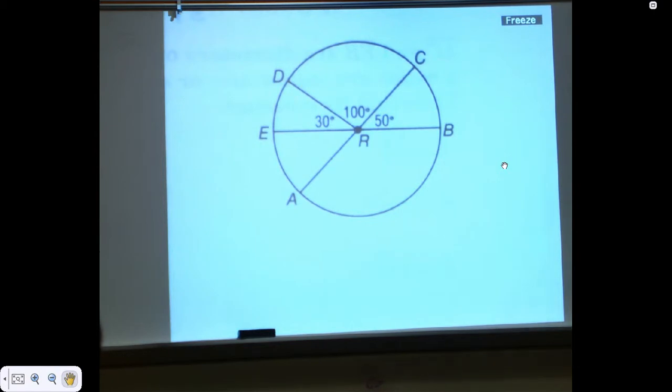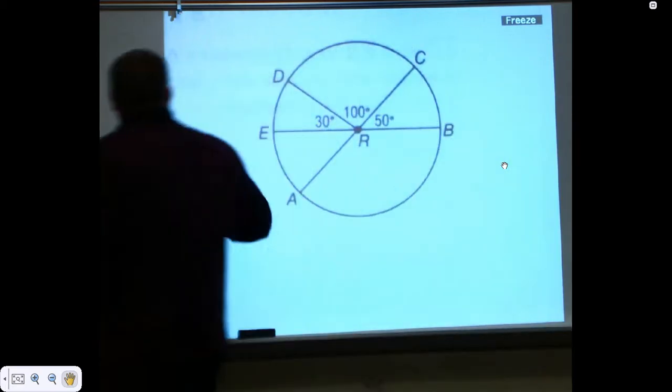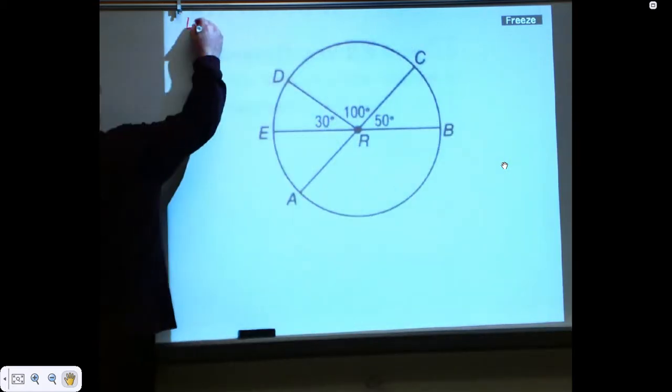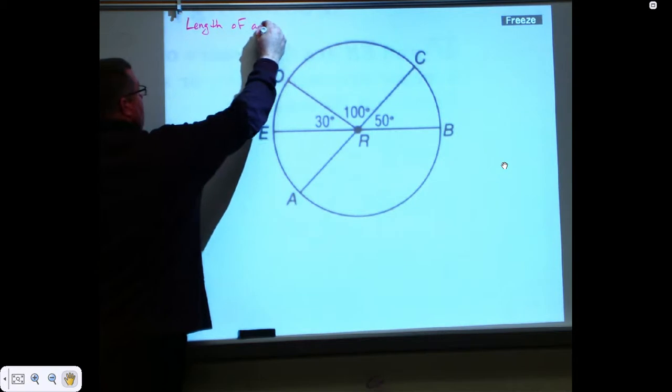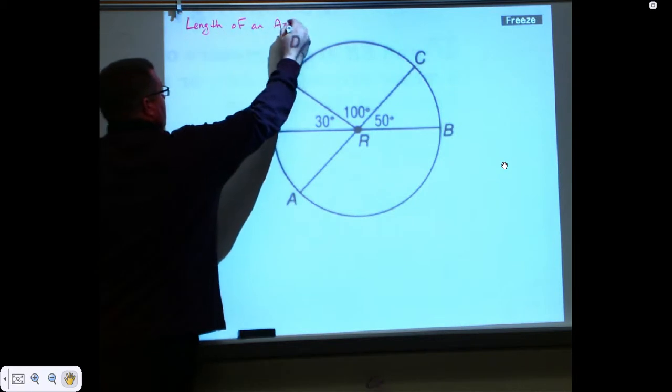We measured an arc, didn't we? Now we're going to talk about how to find the length of an arc.